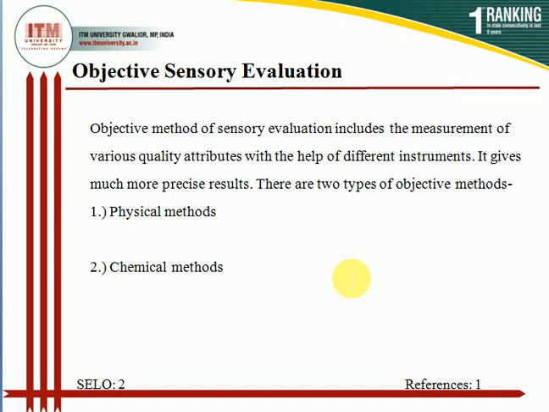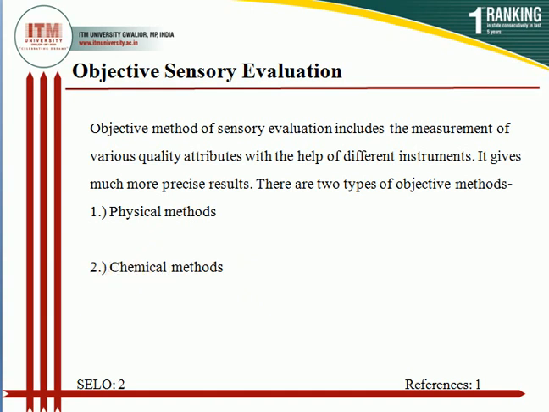There are two types of objective method, physical and chemical methods. Physical means instrumental methods, and chemical means chemical methods.